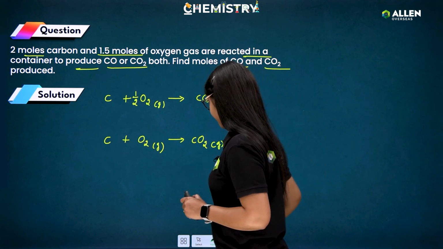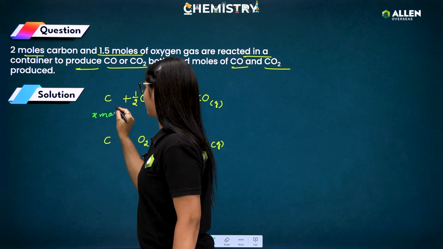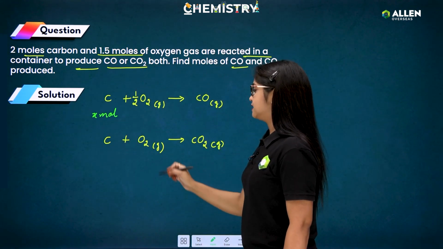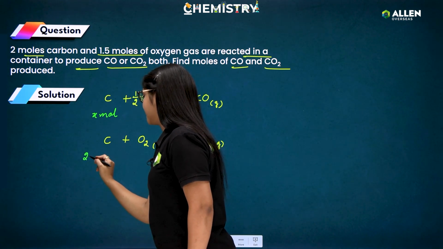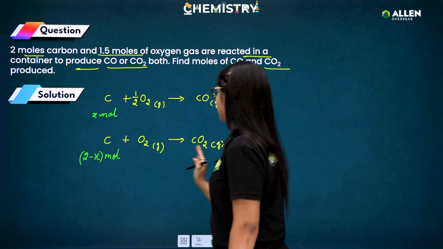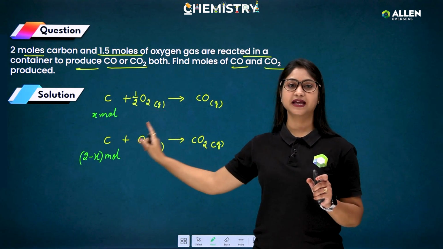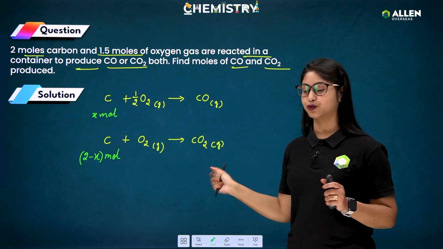Then 2 minus X mole will be left, and that 2 minus X mole of carbon will form the CO2 gas, because total 2 moles, if X is forming CO, then 2 minus X will be forming CO2.